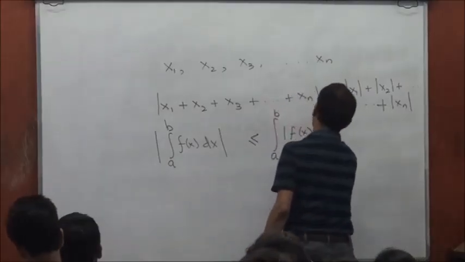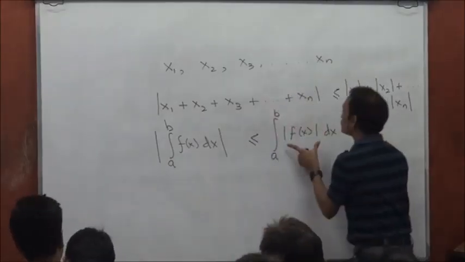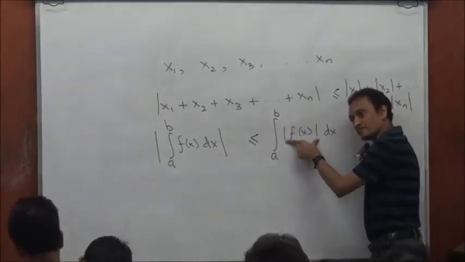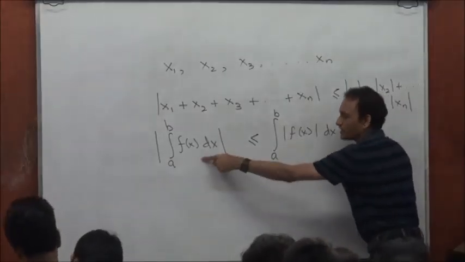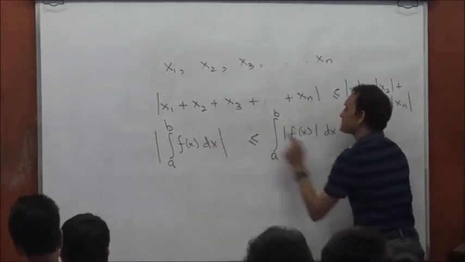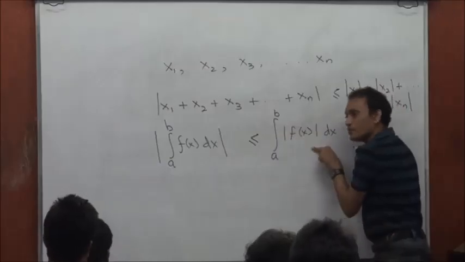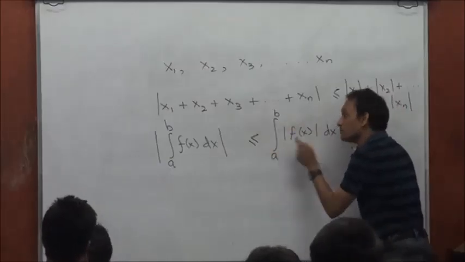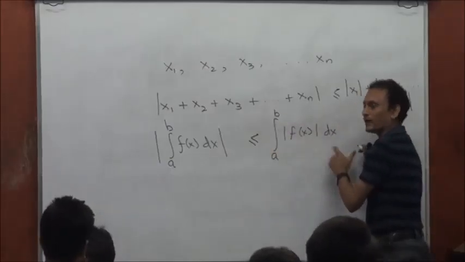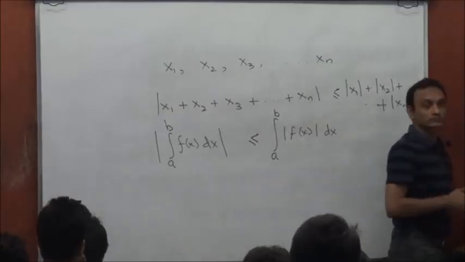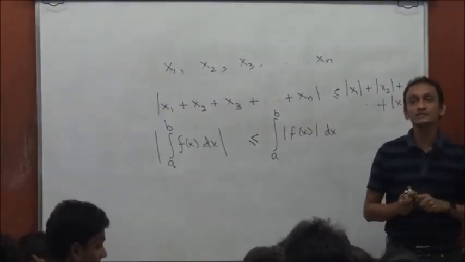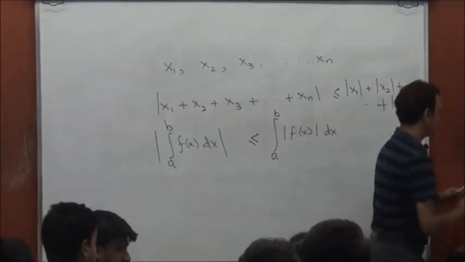For various values of x, you have various mod f(x)'s, right? So this is another important principle: modulus of the sum is less than or equal to the sum of the moduli. Yes? Got me now?